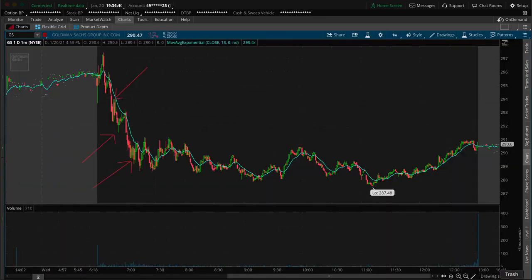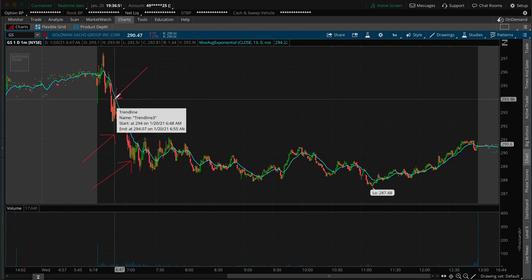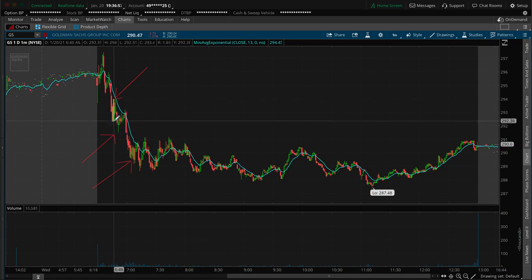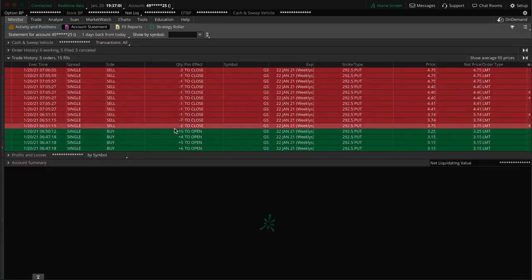So this is what happened here. I got in it right here, kind of like at the peak. It's not like I got the whole top high of the day, but I got the top of the pop, you can say. That's where I started in, right at the 6:47 area. And then once we broke the lows of the day there, I added in at the 6:50. That's where I added in the additional 15 contracts.